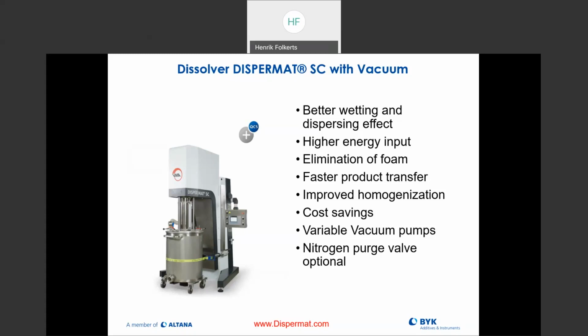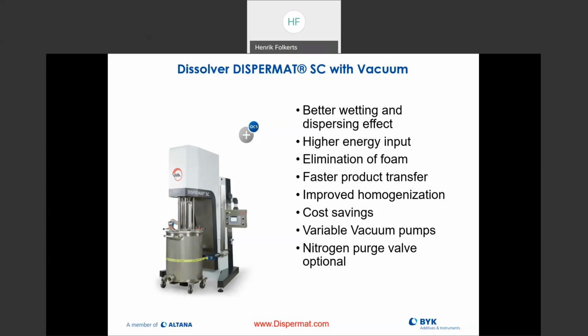I'm also getting rid of all my foaming, especially when I want to do my product transfer. That's an issue for a lot of customers: what am I going to do? There's so much foam in there, especially with my waterborne formulations. That's not so much with solvent, but if I have the ability to draw vacuum, I get rid of all my bubbles and foam, and I have a much more efficient and smooth product transfer, which also will translate into better homogenization of my product and also obviously a cost savings because of speed.